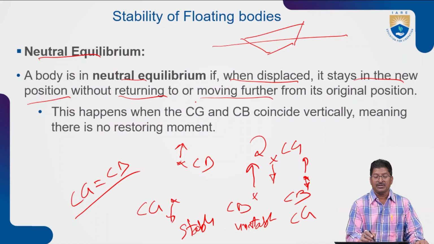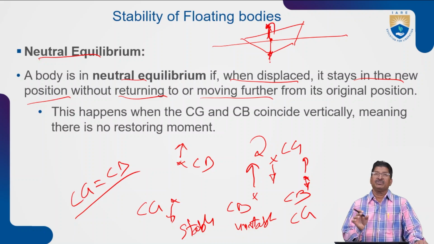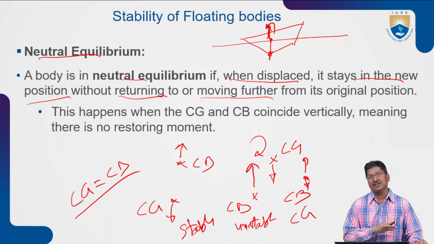It will not return to its original position, and it will not sink either, because at the same point both vertical, equal and opposite forces are acting. Even if you give a small tilt or small displacement, it will not regain its original position, nor will it sink. So that is neutral equilibrium.